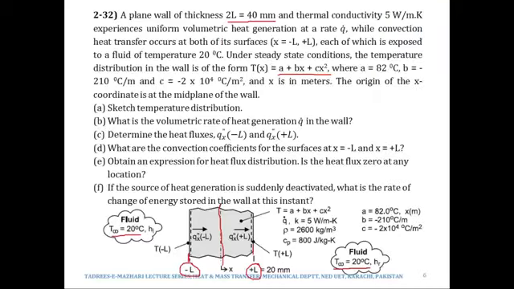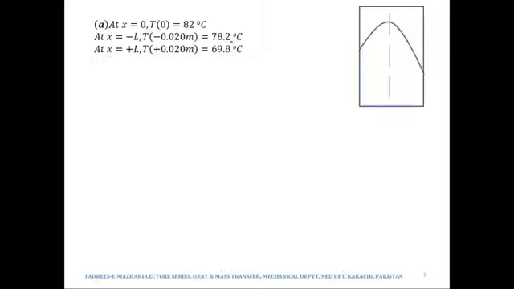If in a plus bx plus cx square we are given A, B and C, and we put x as minus 0.02 meters, we get temperature as 78.2. And similarly at x equal to plus L, means at x equal to plus 20 millimeters, we get the temperature as 69.8.